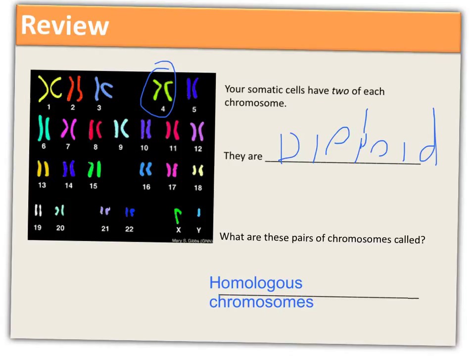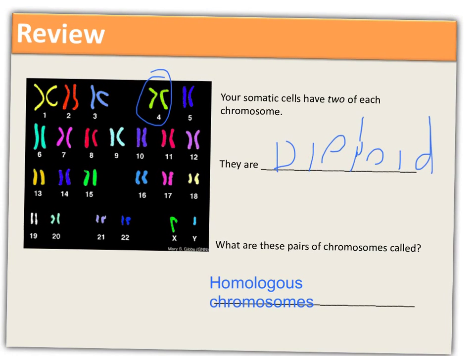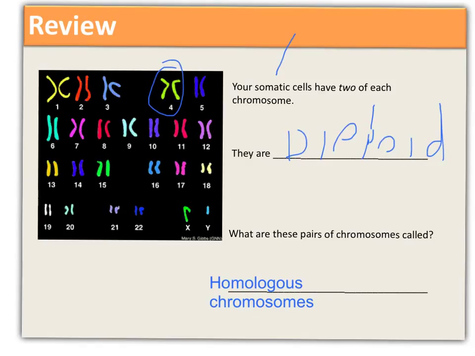Okay, so as we see here, we've also got the sex chromosomes. So these are somatic cells right here. Okay, somatic cells, 22. And then we have the sex chromosomes X and Y. In this case, they're haploid.